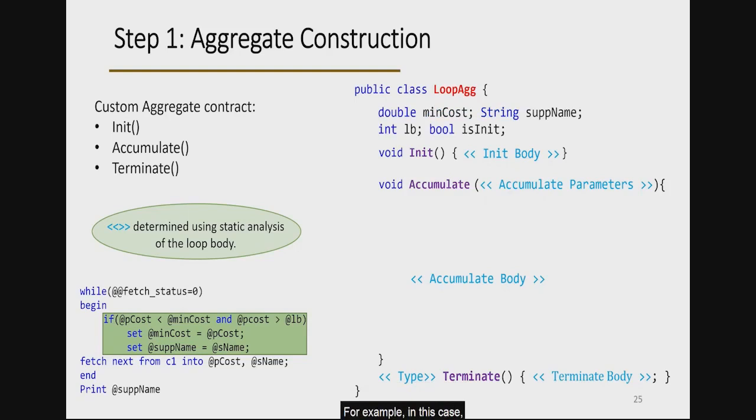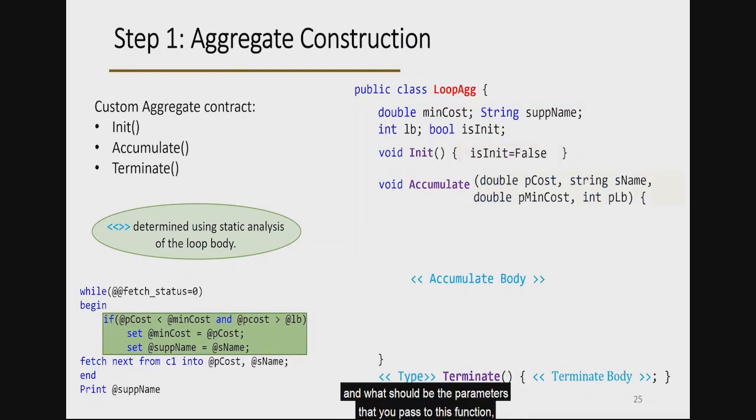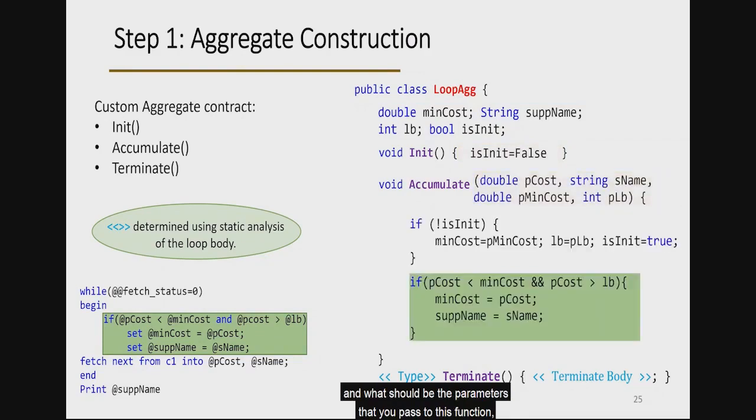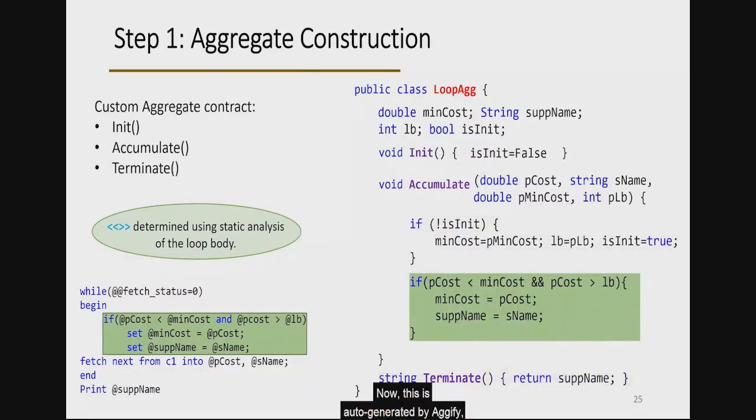In this case, it would figure out that you need four fields in this class. It determines what should go into the init definition, what parameters you pass to this function, what should be the body of this function, what should be in the terminate function, what should be the return type, and so on. So this is auto-generated by Aggify given the loop on the left.